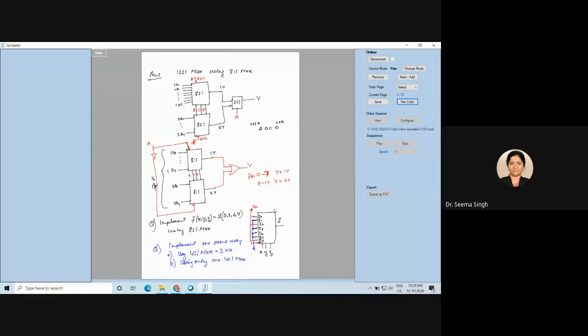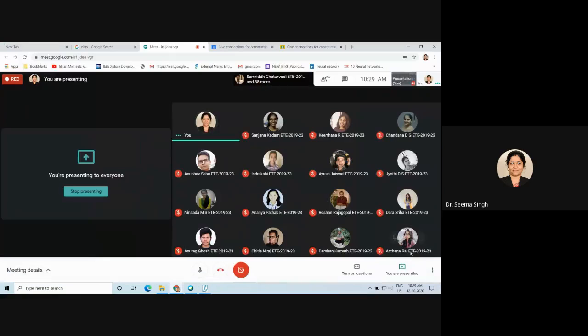I want to implement the same function F of XYZ, 0, 2, 6, 7, using 2 4:1 muxes. You can do it, and you should do that as your homework. And if anybody can do it using only 1 4:1 mux also, this one is a homework. If somebody tells me, I will be very happy. This question, using 2 4:1 muxes, is your homework. Homework for today.